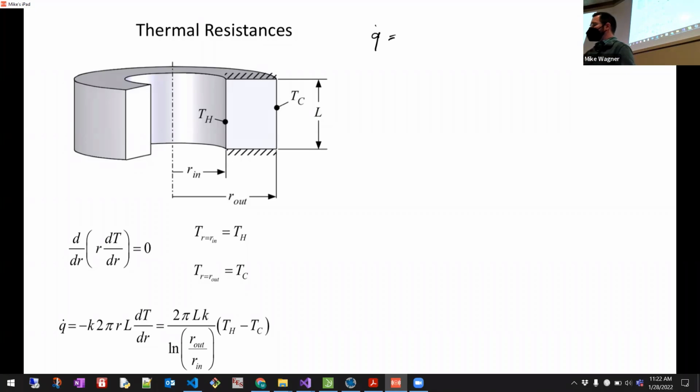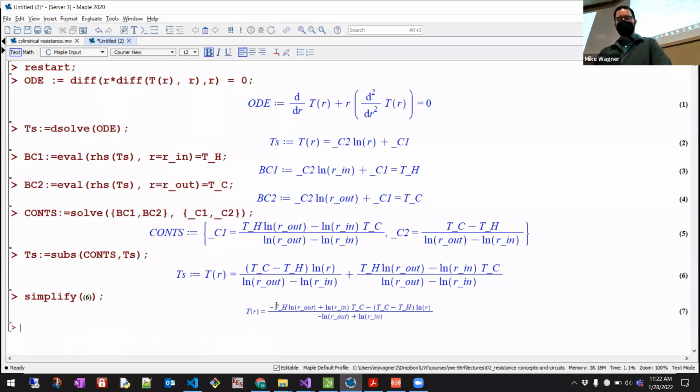So if we solve for Q dot, meaning we evaluate the expression for Fourier's law, dT, let's say dr in this case, we need to take the derivative. We need to have our temperature expression, take the derivative and evaluate it. By the way, you can do this really easily in Maple. So let's look back there and actually use that to do that.